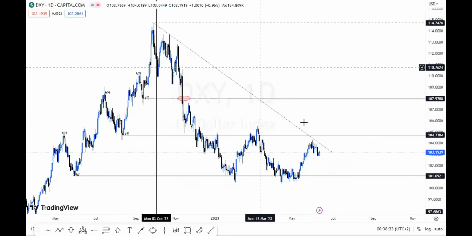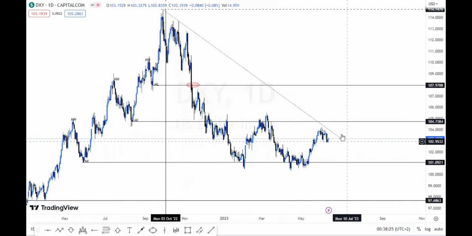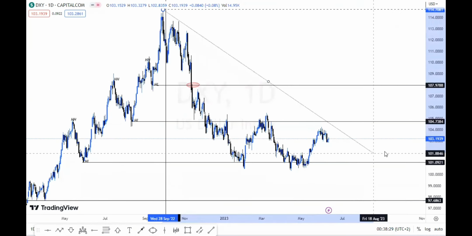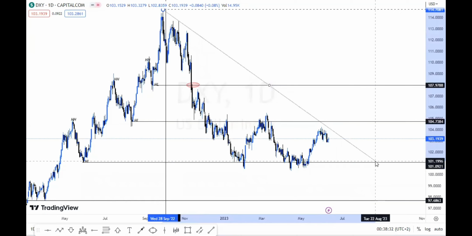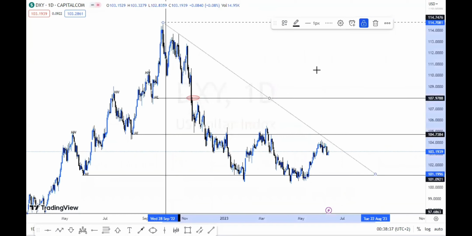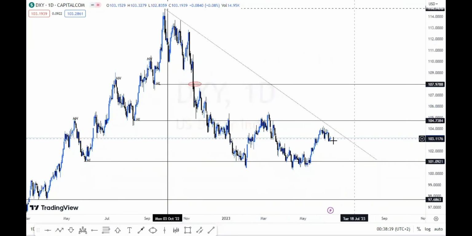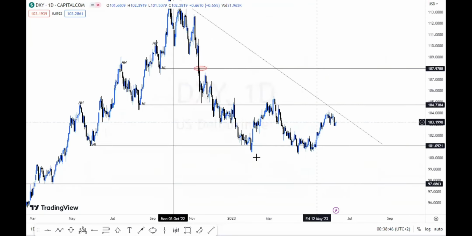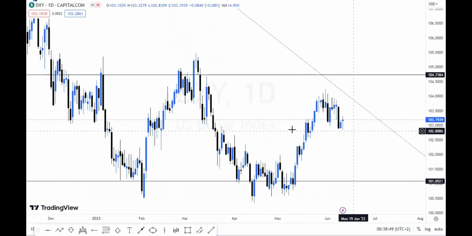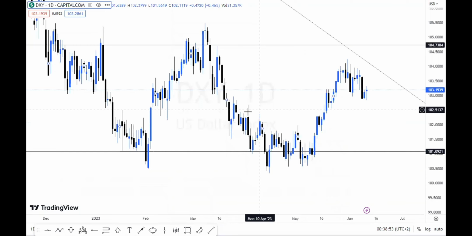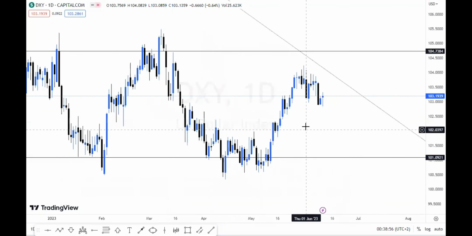Price has been playing below this line, and from now on we know that if this line is broken, because it's a valid trend line, first touch, second touch, you can't tell me otherwise. So as long as the price is playing below this line, we are still bearish, and all we can do is look for price action around the current price.